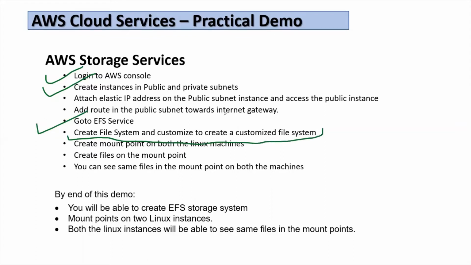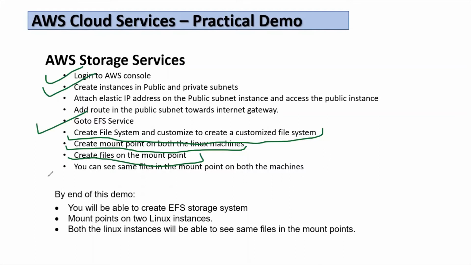Create a customized file system as per our requirements, and then we will create a mount point on both the Linux machines, and then we will create some files in the mount point, and then you can see both the machines are having the same files in the mount point that we are going to create.